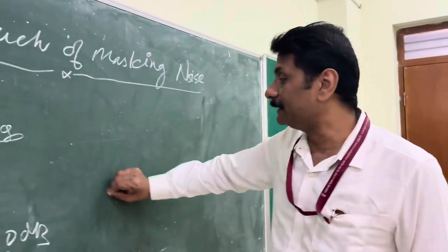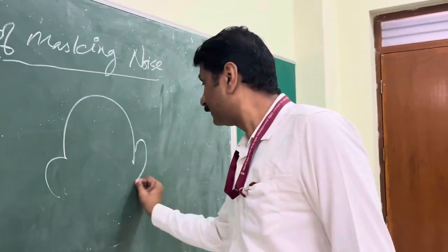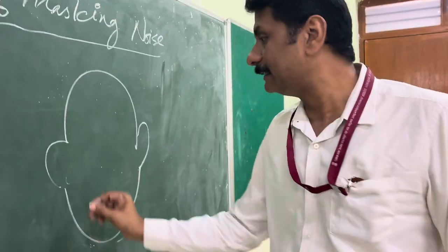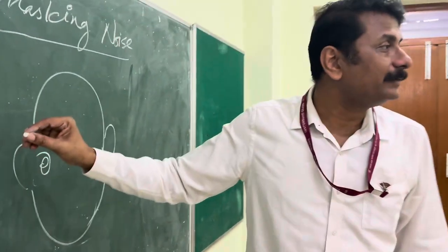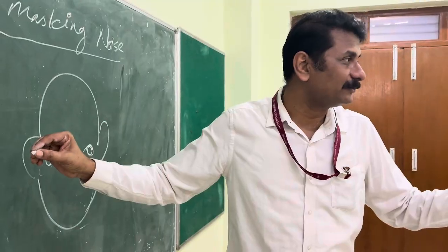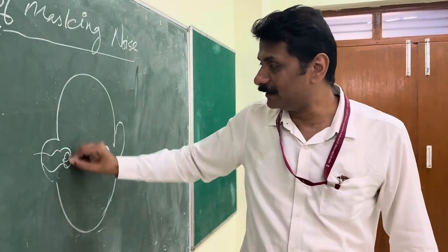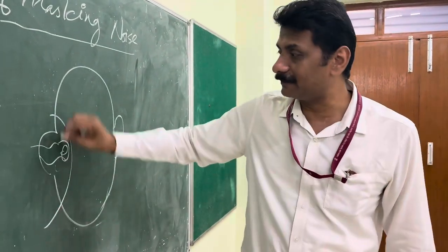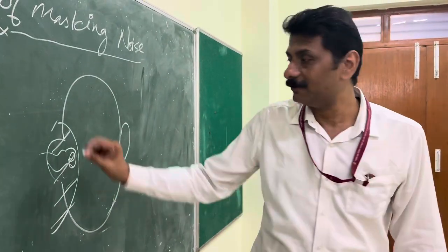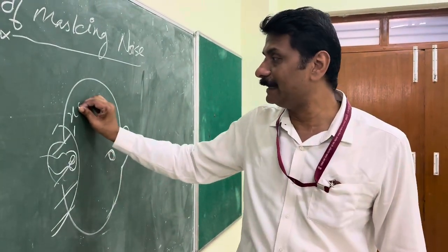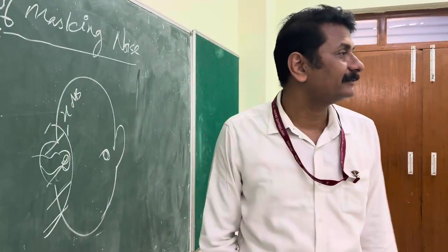Now, if you see, this is a human head, with the right cochlea and the left cochlea. There will be a range of noise which the cochlea will require. If you give a noise, the minimum amount of noise should just cover this cochlea. Correct? This minimum amount of noise will be X dB, let us say.